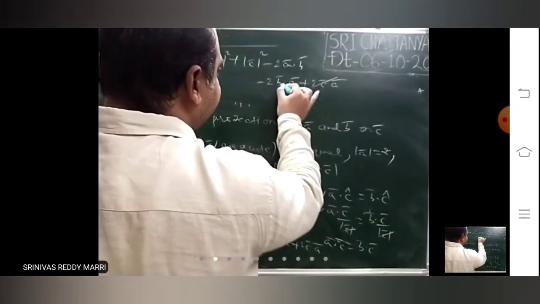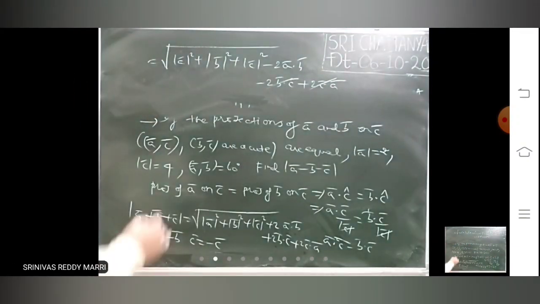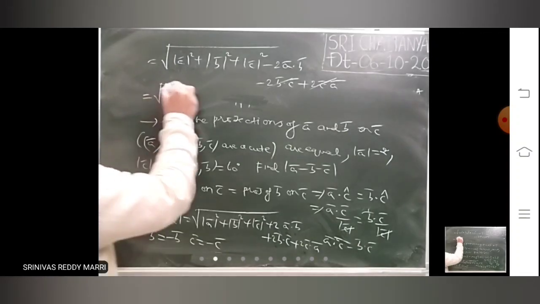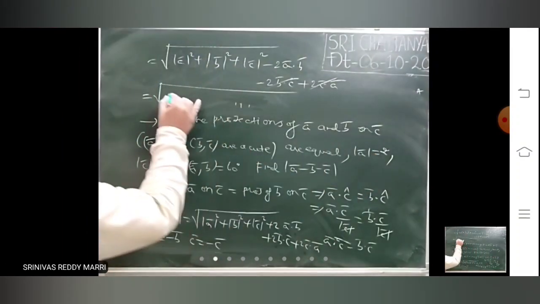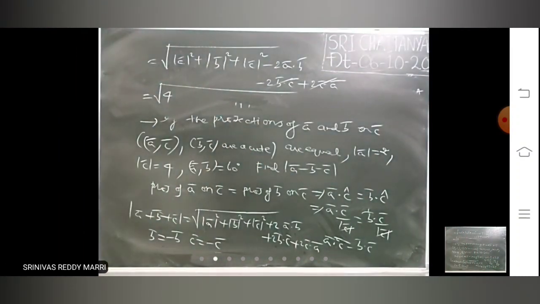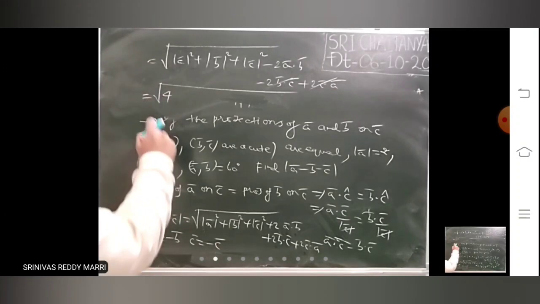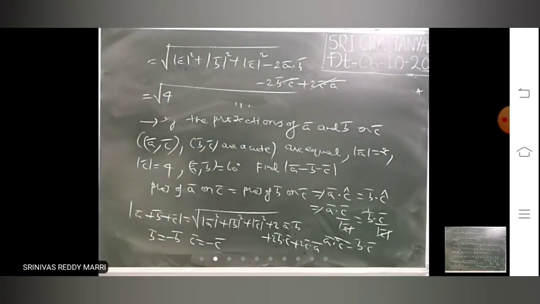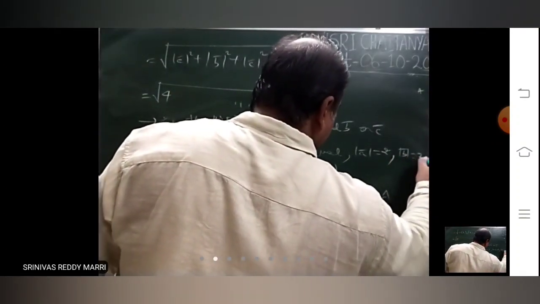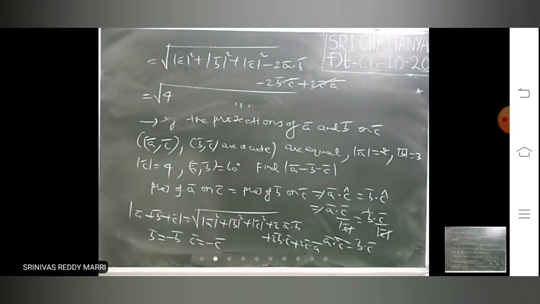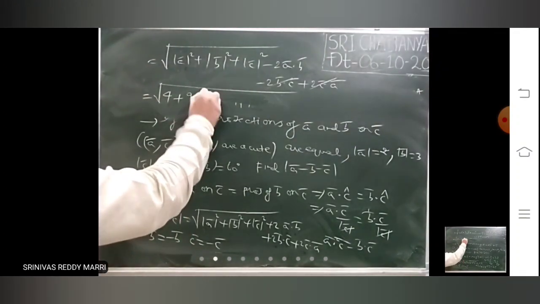Now you got A dot C equal to B dot C, so this will get cancelled. So these both get cancelled. Now modulus A bar is given as 2, so 4. Modulus B bar equal to 3, this is also given, so plus 3 square, 9.